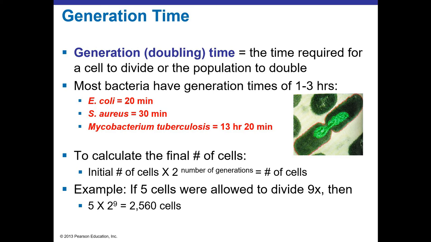For example, if we had 5 cells and allowed them to divide 9 times, then to calculate the final number, we would take 5, the original number of cells, times 2, because again, everything doubles, and that's raised to the number of generations, which in this case is 9. So we would end up with a population of 2,560 cells.